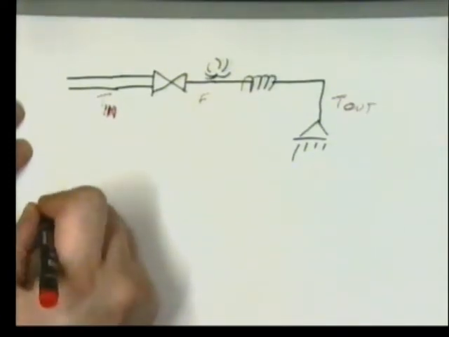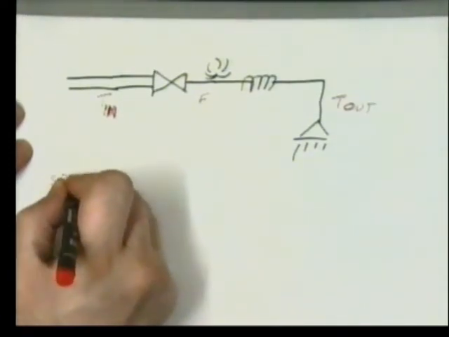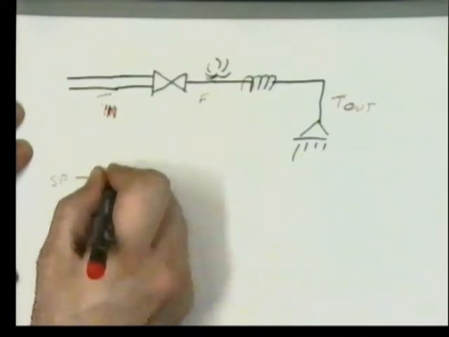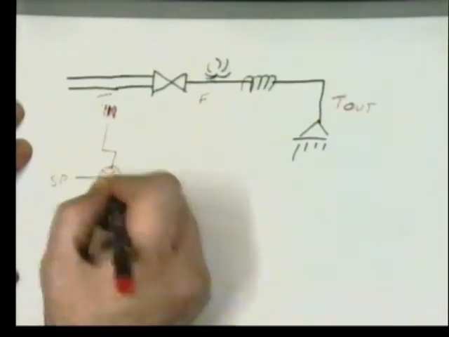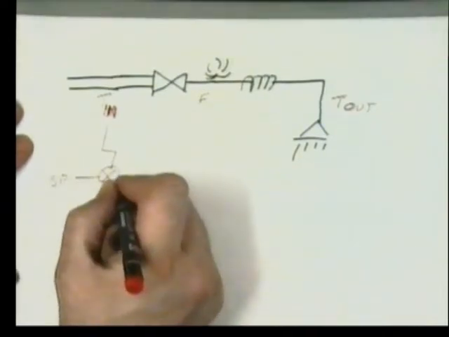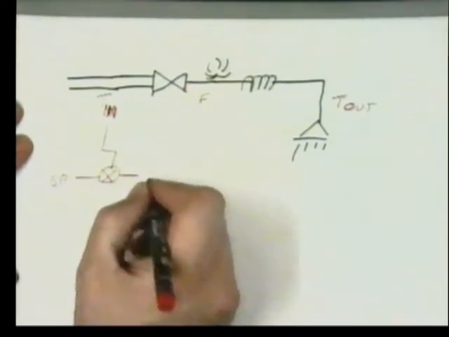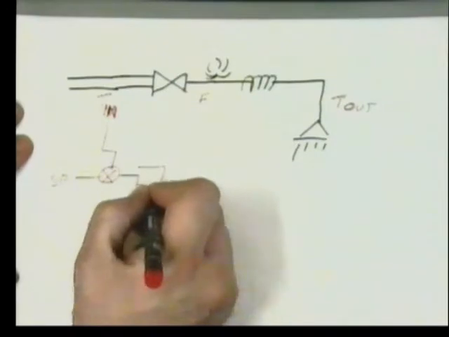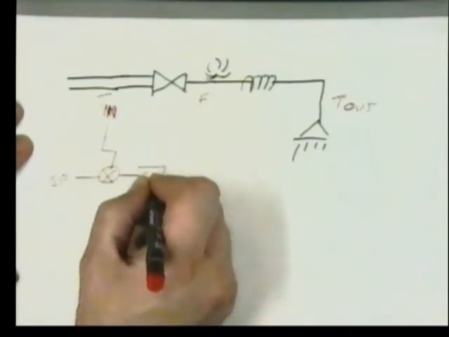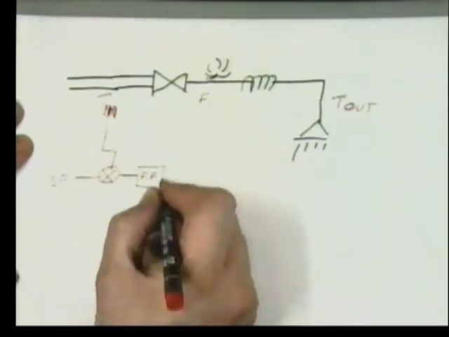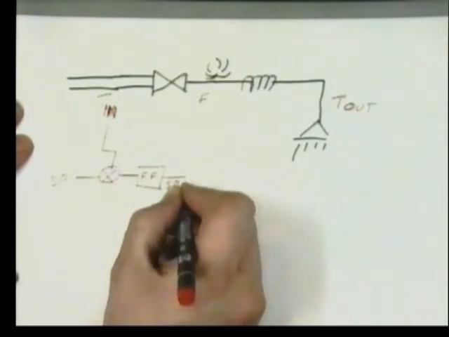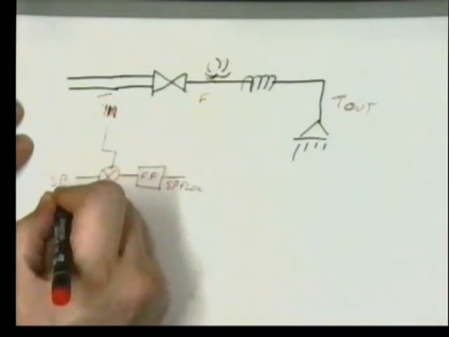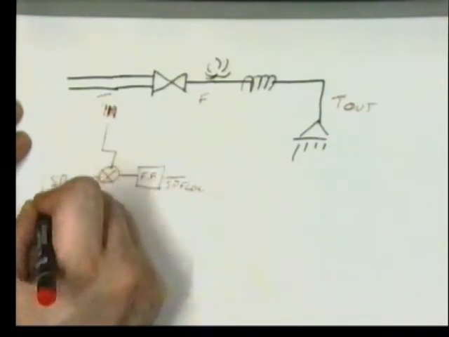Now let's see what we also have. We have here a set point. Set point is compared to our input temperature, and it goes into a feed forward algorithm from which we derive a new set point for the flow. This is the set point for the temperature.